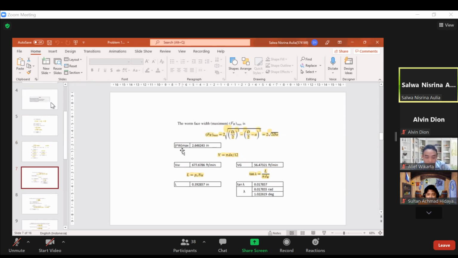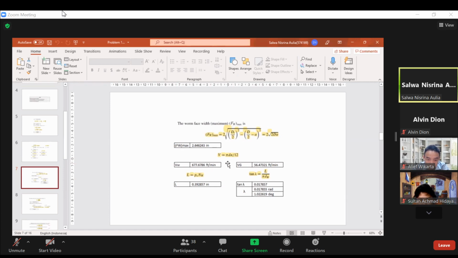So you can get the face width maximum of worm is 2.6. And this is the tangential velocity. You can get the tangential velocity of worm and tangential velocity of gear.